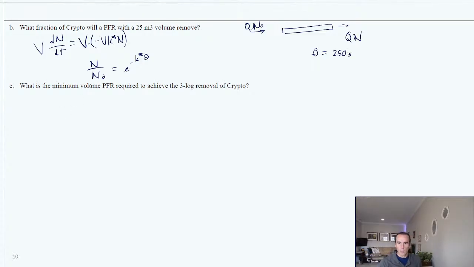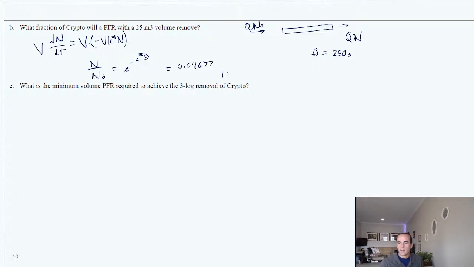So with that, we already have K star, we solved it earlier, we just simply need to put in the numbers. And in this scenario, N over N naught is equal to 0.04677.